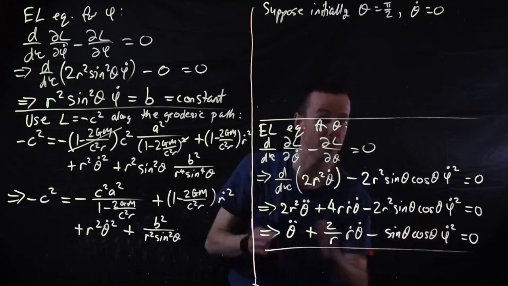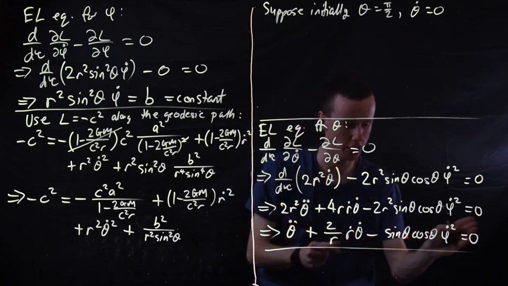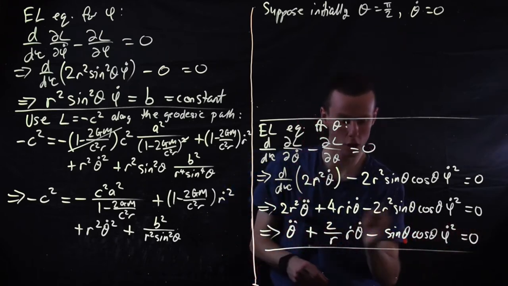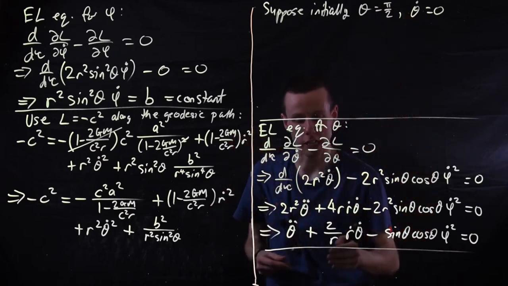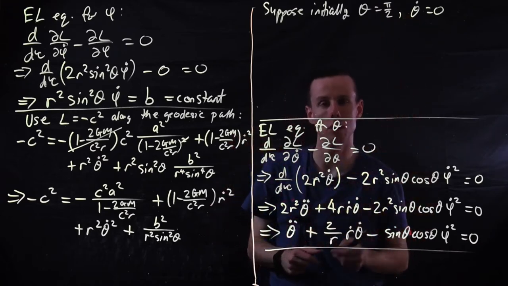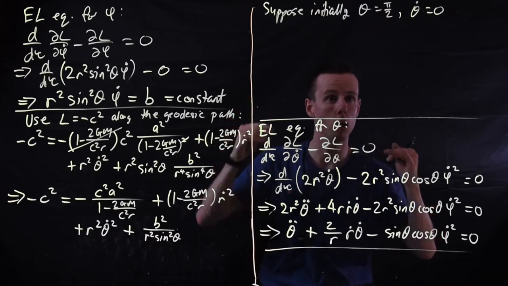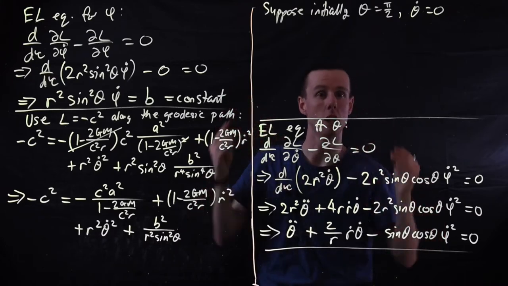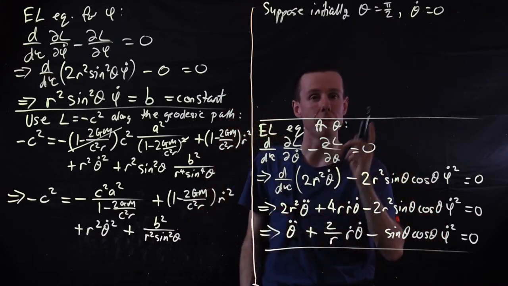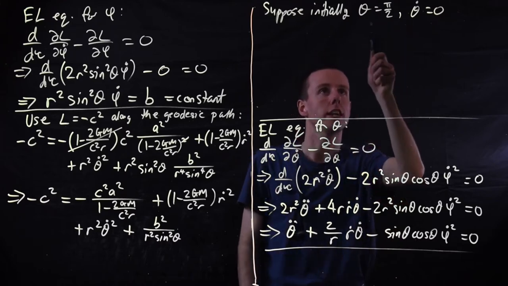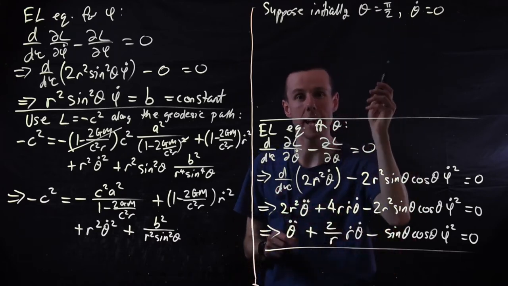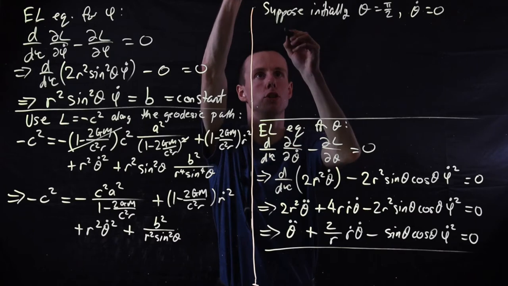And by further differentiation, if you were to differentiate that entire equation again with respect to tau and put in the initial conditions, you would find that theta triple dot would be 0. In fact, all the higher derivatives of theta are initially 0. So if the planet starts out in the plane theta equals pi over 2, it stays in the plane theta equals pi over 2.